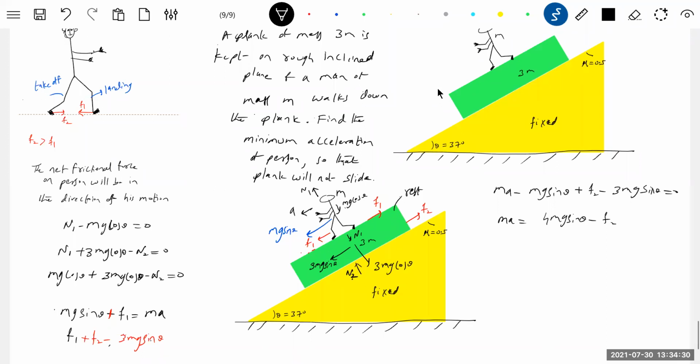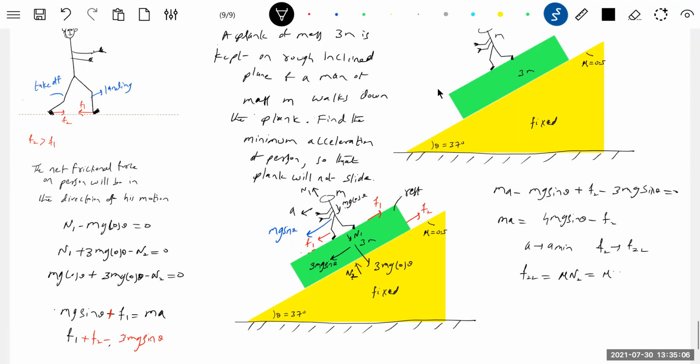What shall I do with F2? Minimum acceleration is asked. So what is the maximum permitted value of F2? Mu N2. Maximum permitted value: when a is a minimum, F2 will become F2L. What is F2L? Mu N2. What is the value of N2?